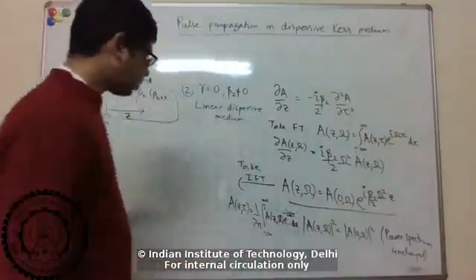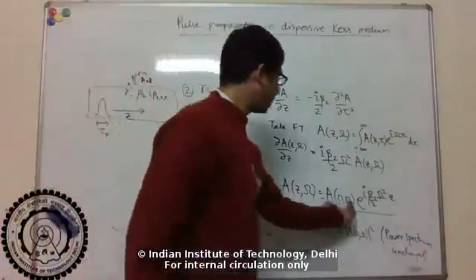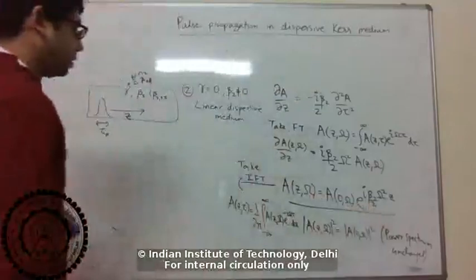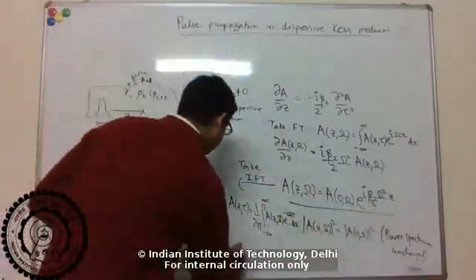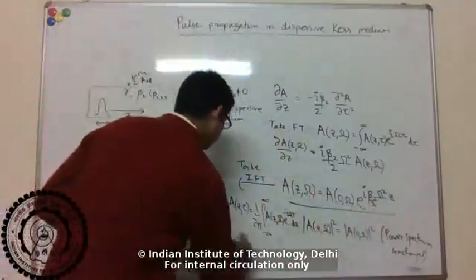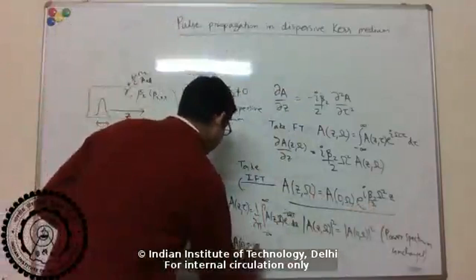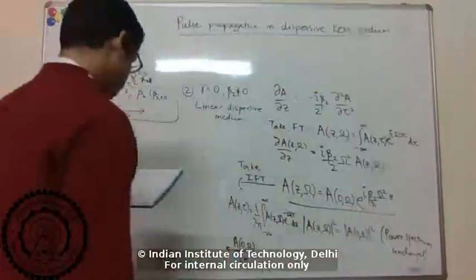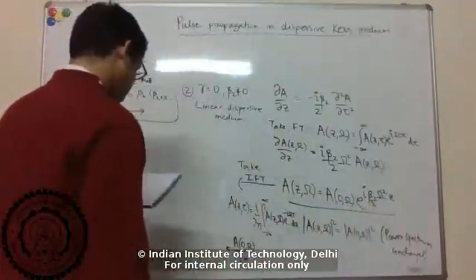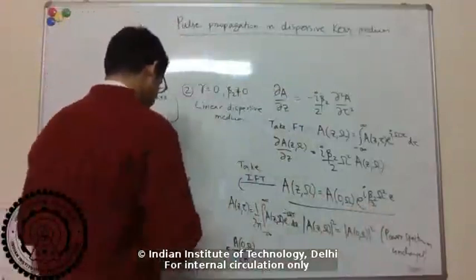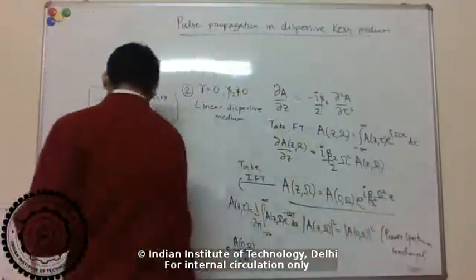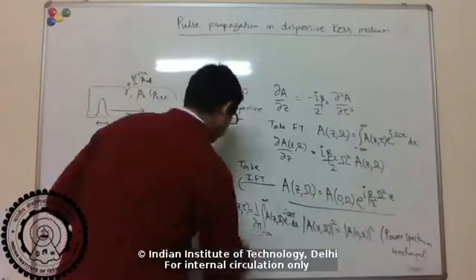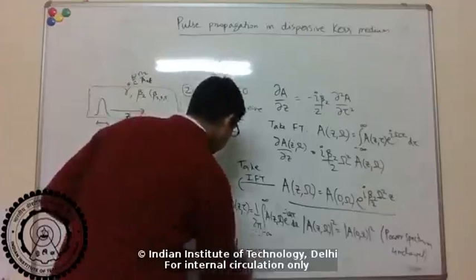And for A z of omega, you put this, right? So here, the integral that you get is basically, A of 0 we can take outside. A of 0 is a function of frequency, so that remains inside.